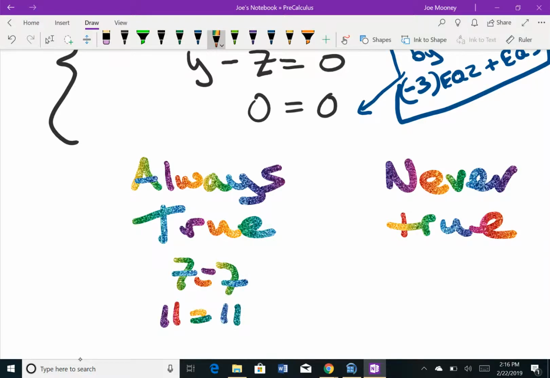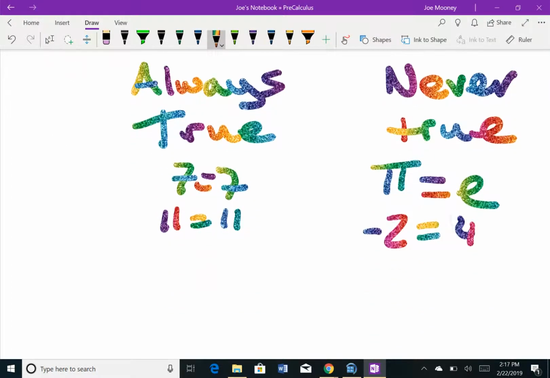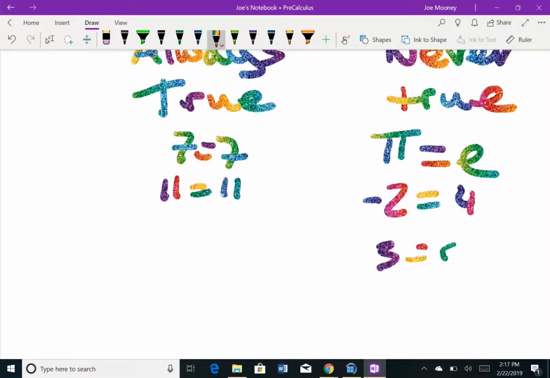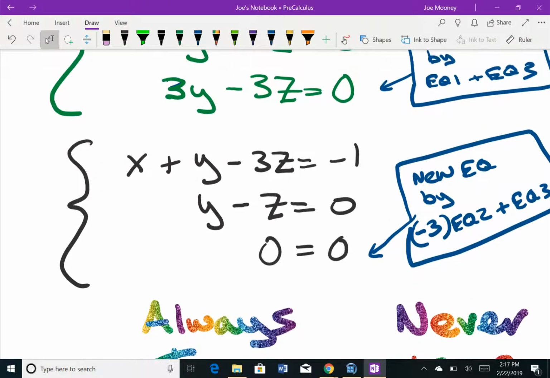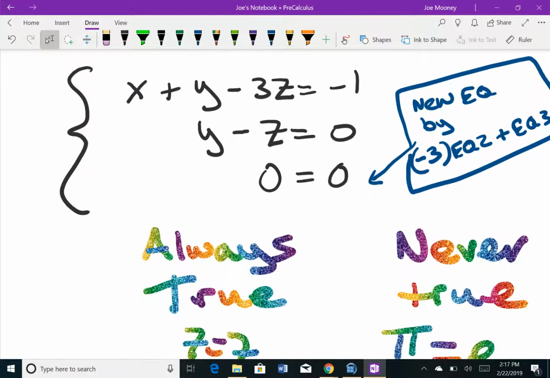A never true would be pi equals e, -2 equals 4, 3 equals 0. Those are false statements. So if at some point along the process you end up with an always true, you've got that situation where you've got infinitely many possibilities, right?